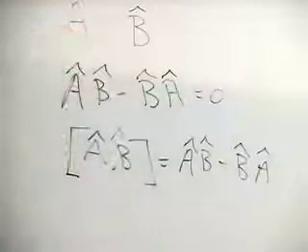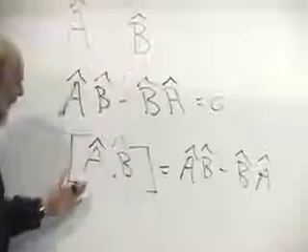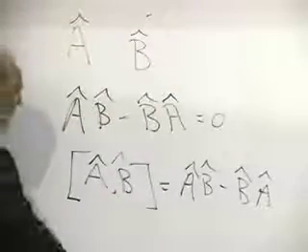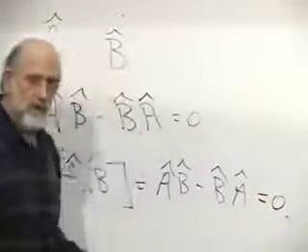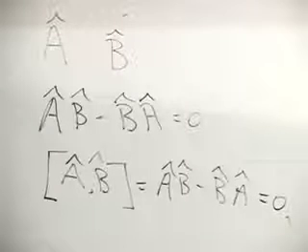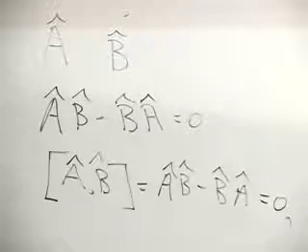So, with this little bit of notation, the necessary and sufficient condition for two operators to be compatible is that they commute, that their commutator is 0. This, of course, is not always true for every pair of operators, but when it's not true, they don't have a complete set of common eigenvectors, and they're not compatible. You can't, in general, measure both of them, or you can't know both of them simultaneously.